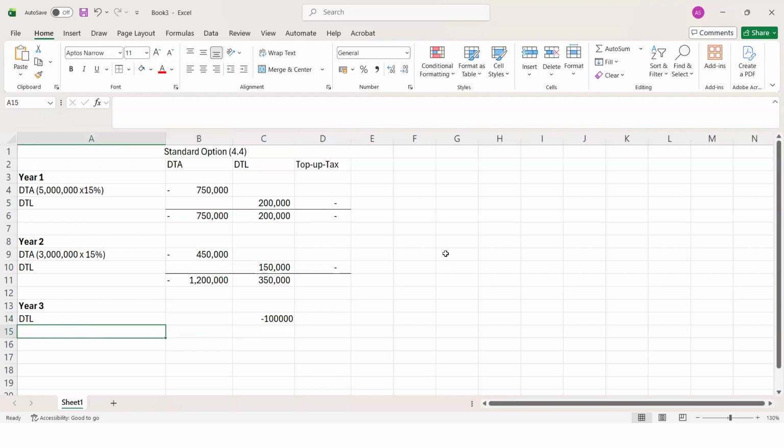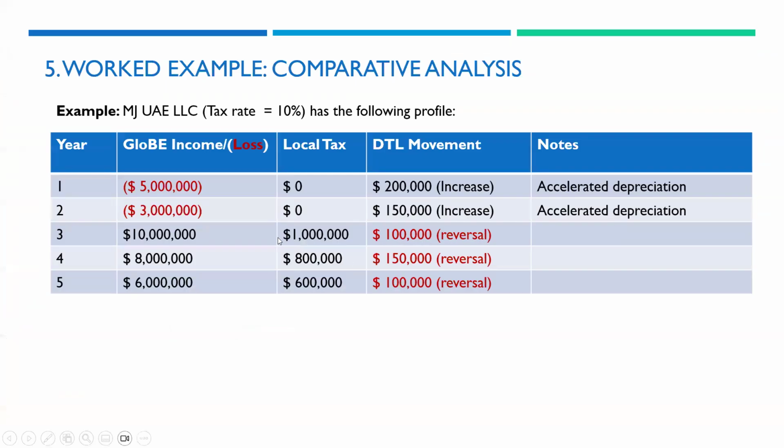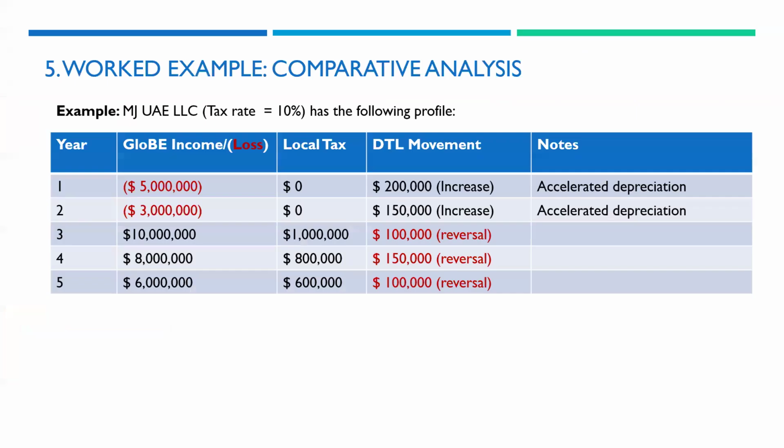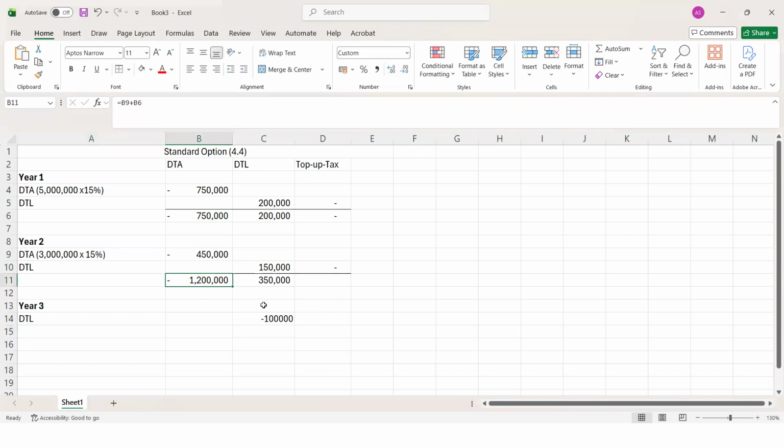But this time I would have to pay top up taxes. There is a local tax of 1 million and a top up tax of 5%. So totally how much tax will I pay on 10 million? 1.5 million would be my total taxes, local plus top up taxes combined. Yes or no? So what would be my total taxes? It will be 1.5 million.